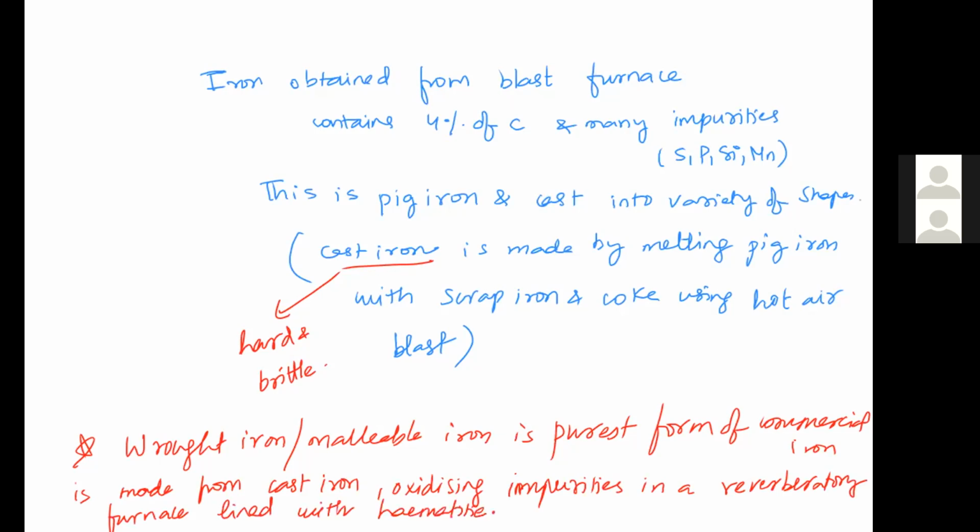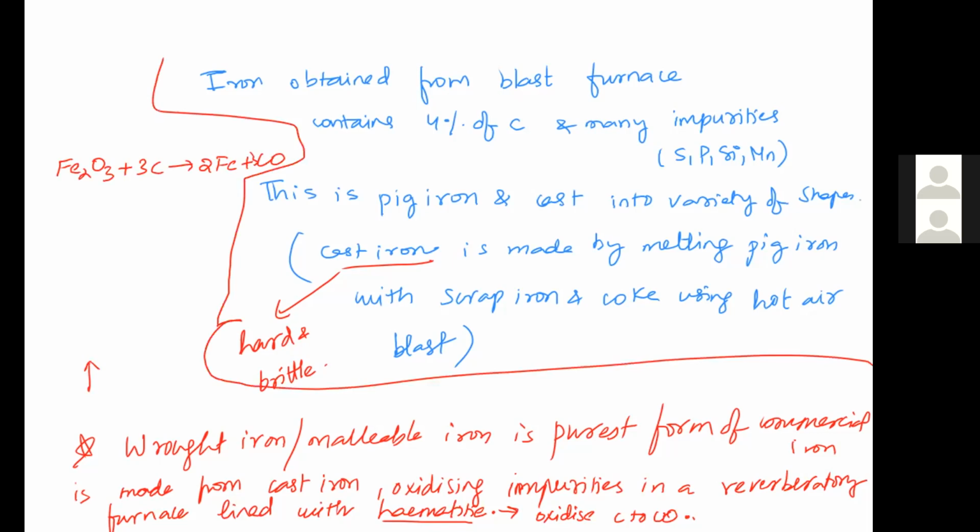So why? Hematite is going to oxidize the carbon to carbon monoxide. That's why. So continuation here is Fe2O3 is going to react with that carbon and convert it into Fe plus CO. That is why we use it.